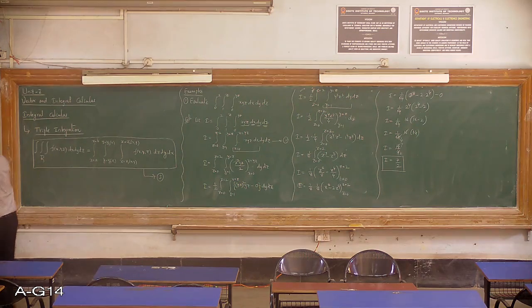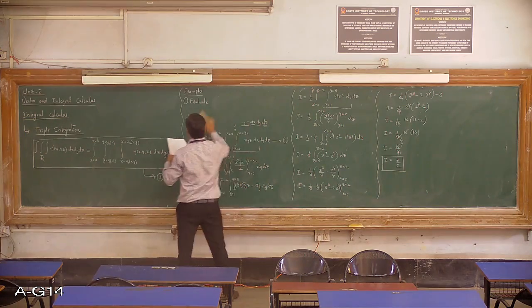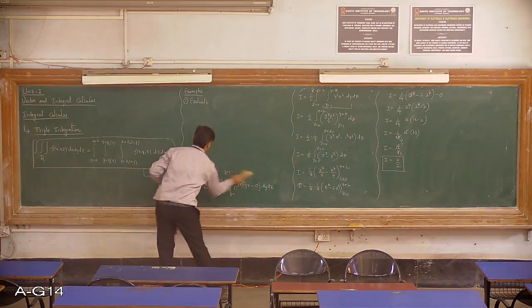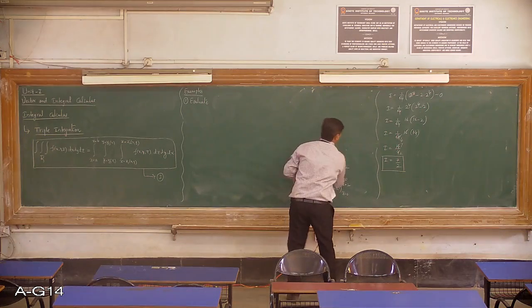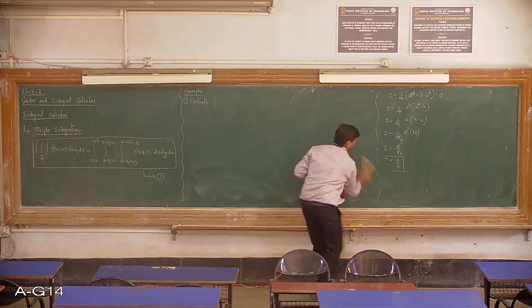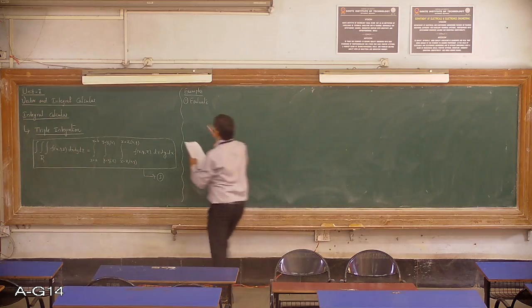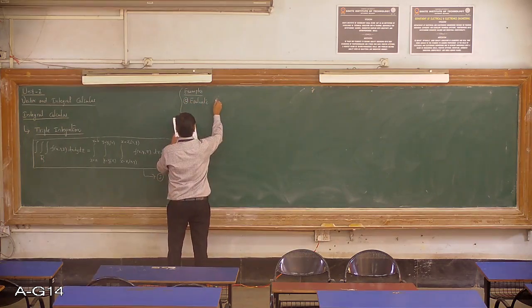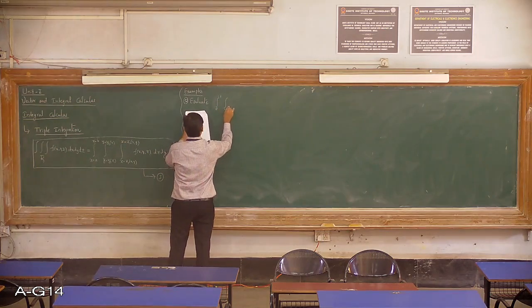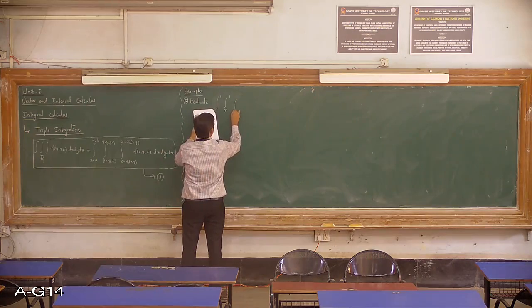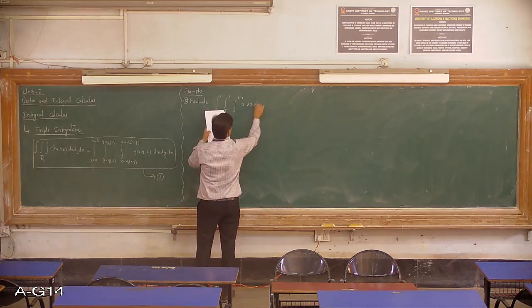Okay, so evaluate example number 2: evaluate the integral from 0 to 1, integral from y square to 1, integral from 0 to 1 minus x of dz dx dy.